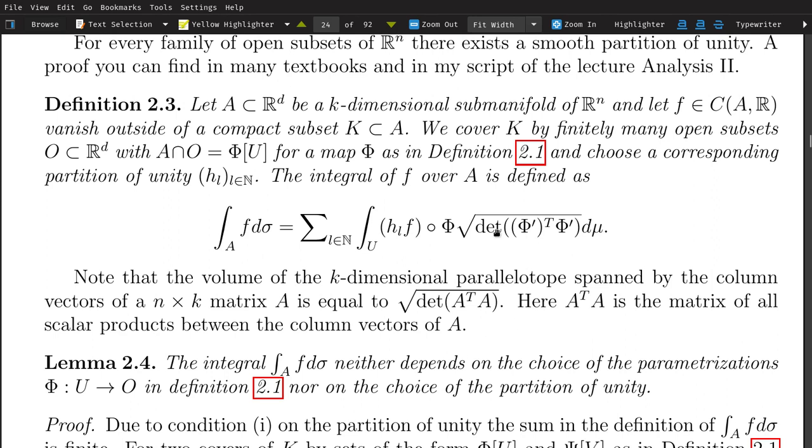This factor here means that if you use a different parameterization, the factors cancel in such a way that you get the same number at the end, and it does not depend on the choice of partition of unity either. So that's very nice. It means that this definition 2.3 actually does produce a single number on the right-hand side, no matter what choices you make for the partition of unity and for the parameterizations.